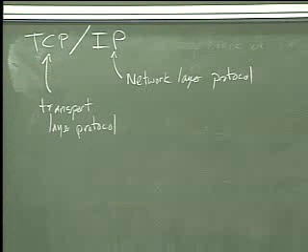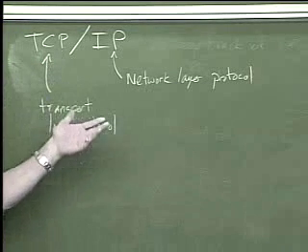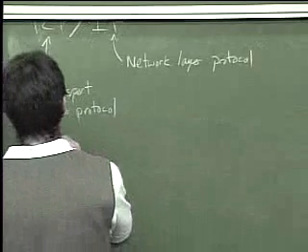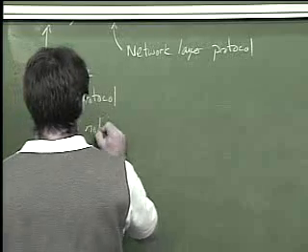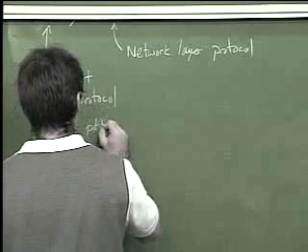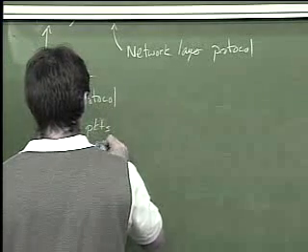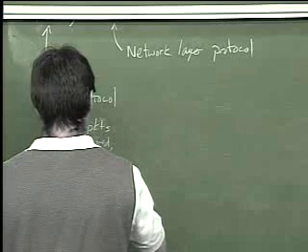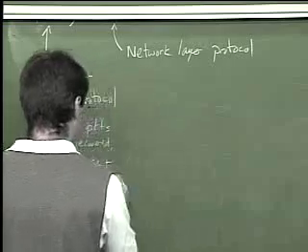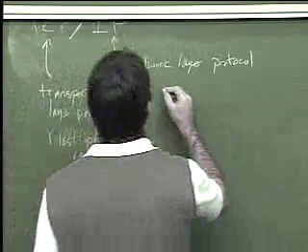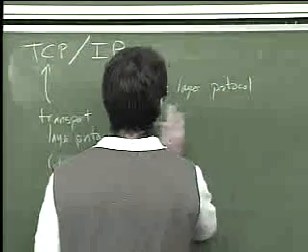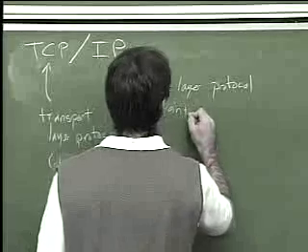Okay, TCP, the transport layer protocol, is responsible for making sure that packets don't get sent too fast, or lost packets are recovered, I should say. We'll talk in a couple of lectures about what too fast means. And IP is responsible for pointing packets in the right direction.